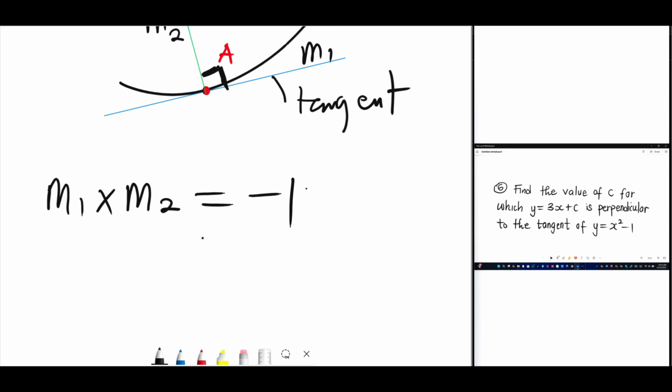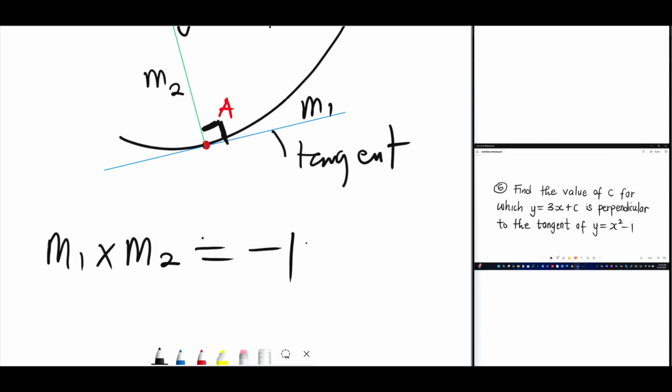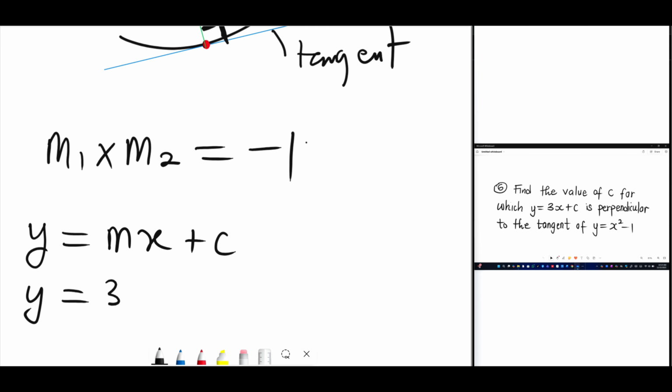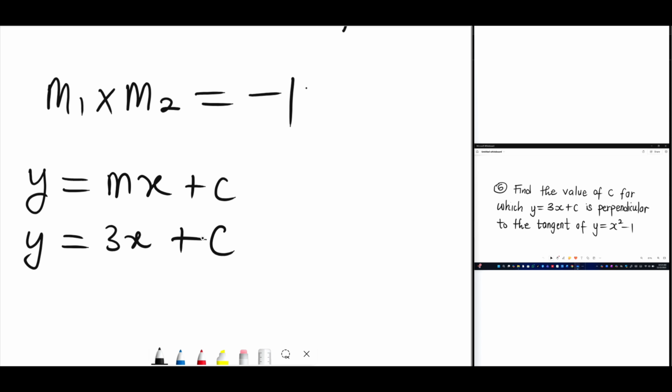Now let us deduce the gradient from the straight line. Given a straight line, you can get your gradient using the general equation of any linear function, y is equal to mx plus c. Then you compare it with y is equal to 3x plus c. Looking at the two equations, the coefficient of x is what we term the gradient, the slope.